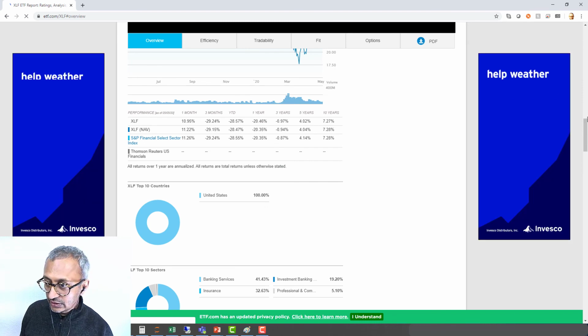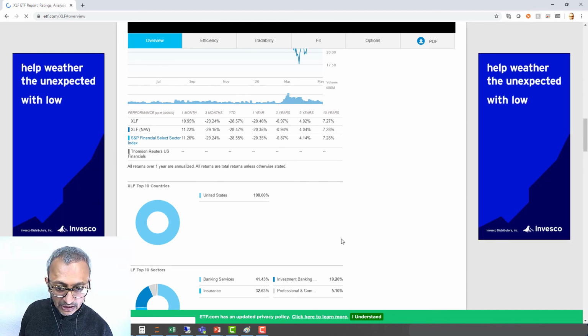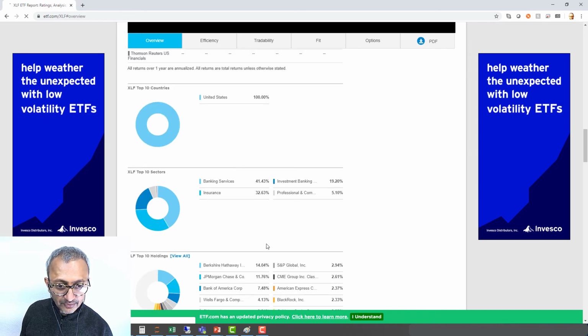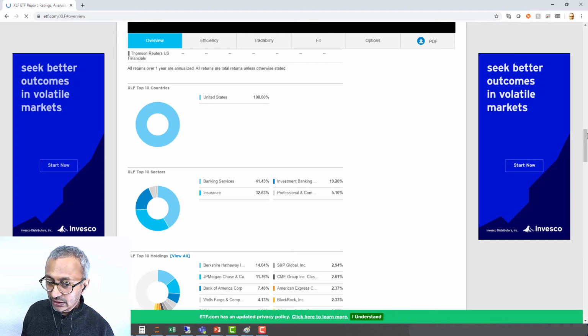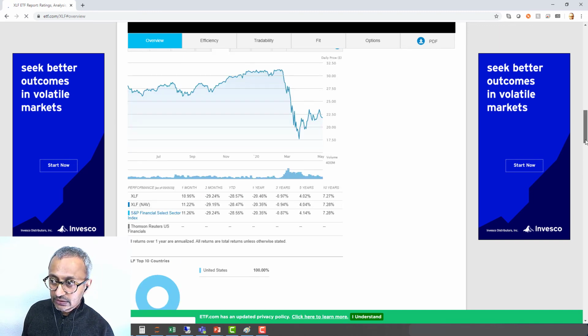As you can see, it has exposure to banking services, investment banking, insurance business, and professional commercial. These are all the companies which are part of that. There are top 10 holdings: Berkshire Hathaway, J.P. Morgan Chase, and still loading.